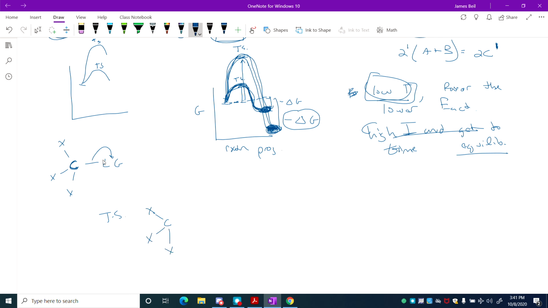So if the bond is breaking, it stretches, it gets longer, and the dotted line is meant to show that the electron pair is not yet existing as a lone pair on the product, and it's not really existing as a bonded pair in a molecular orbital on the reactant. It's something in between.